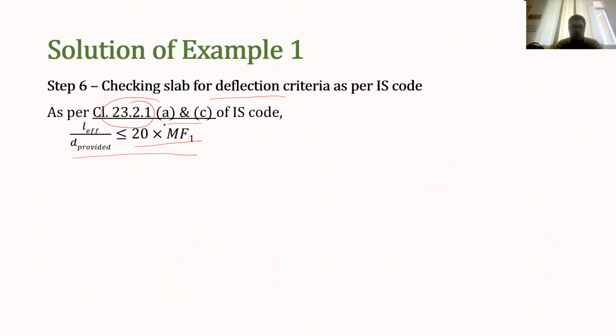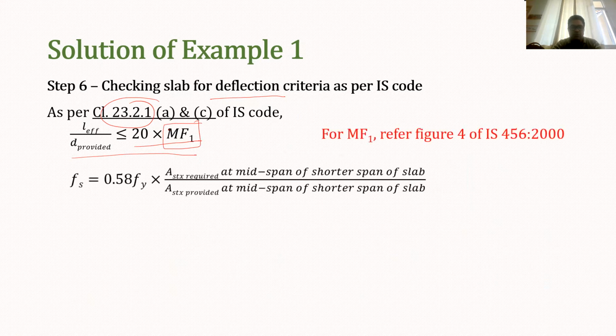So we have to calculate MF1, which is modification factor, which is dependent on Fs value, and Fs value is dependent on the Ast X required and Ast X provided. So Ast X required was 402 mm square and Ast X provided was 413 mm square.